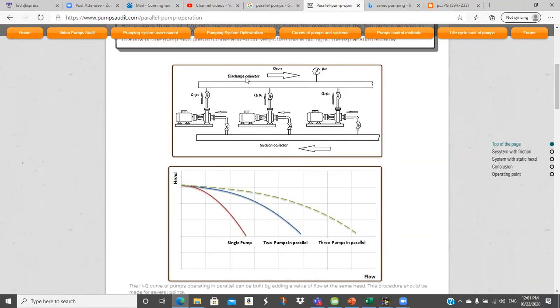So that's a collector here, but they're really called headers. And notice we have a pressure. You typically have a header pressure gauge, and the plant will usually know what kind of pressure they have to maintain here in order to be able to supply all of the users that are downstream.